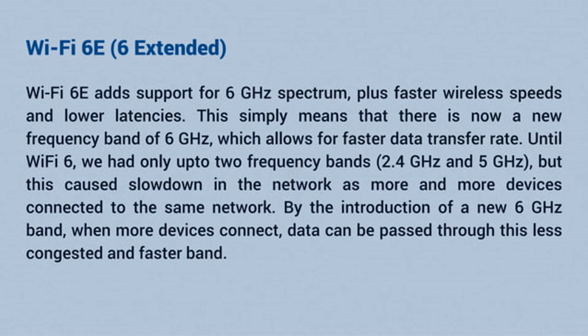Until Wi-Fi 6, we had only up to two frequency bands, that is 2.4 GHz and 5 GHz. But this caused a slowdown in the network as more and more devices connected to the same network. By the introduction of the new 6 GHz band, when more devices connect, data can be passed through this less congested and faster band.